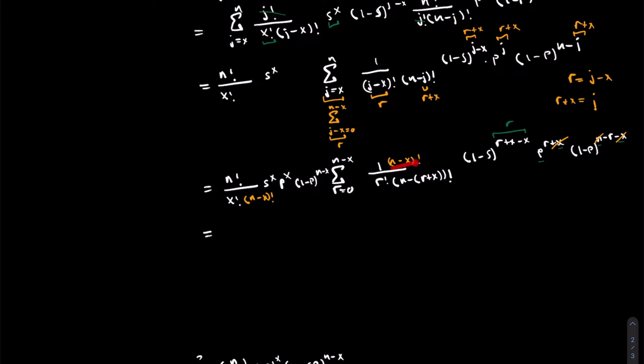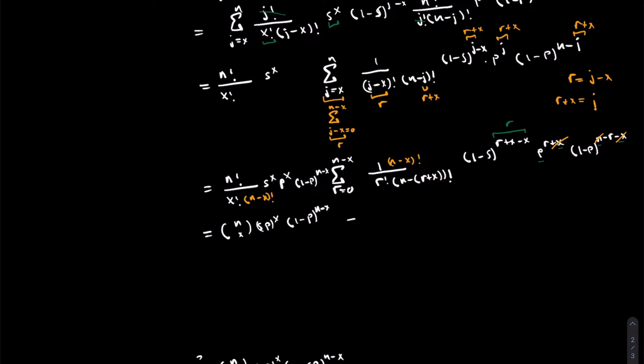But from n minus x, we're going to choose r, because we have an n and an x here. Okay, so this is then now n choose x, p to the x. See that we're getting close to binomial form. 1 minus p to the n minus x.